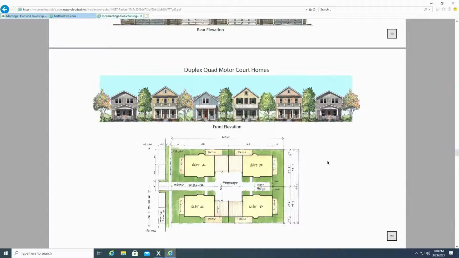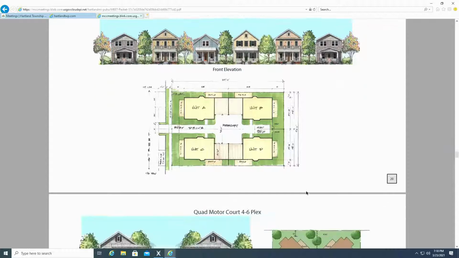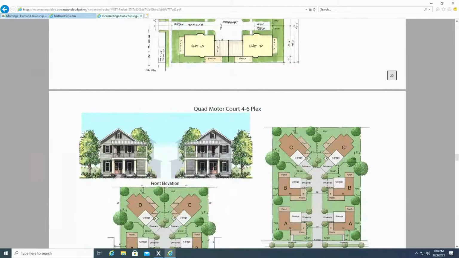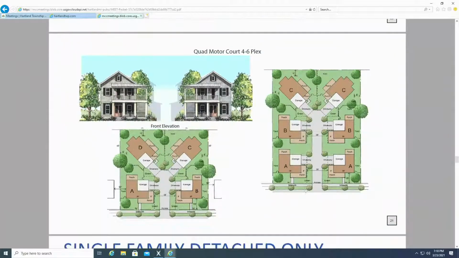So you can see how you drive in off the street, go to the garages, have some parking in the back, but each unit has a front porch, and from the street, it's a single-family look. It's kind of cool. So we did add back the motor courts, and probably the biggest real change that we did.